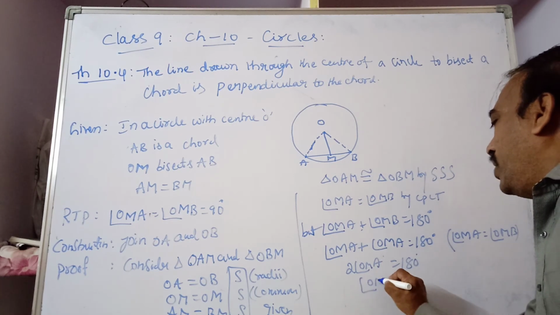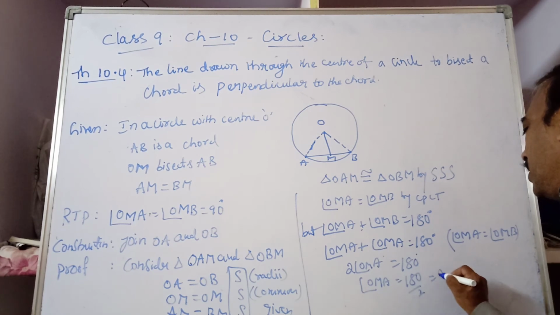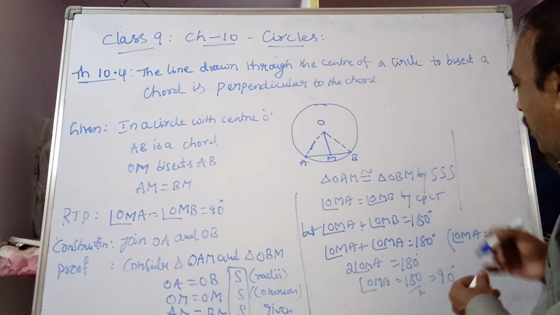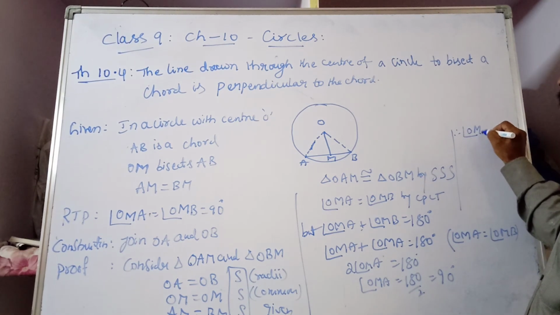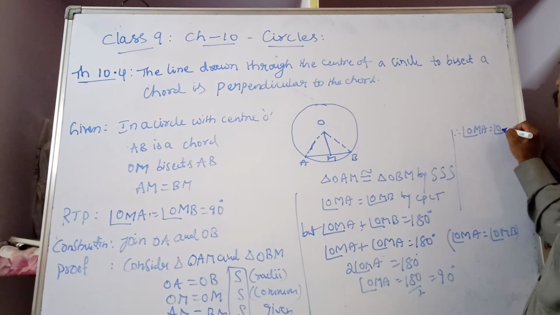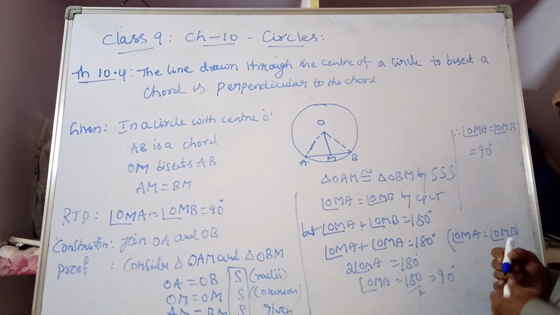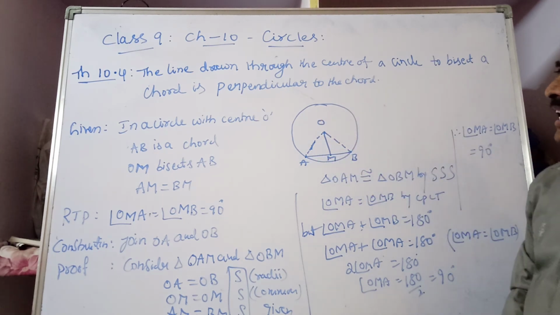Then angle OMA is equal to 180 by 2, which is 90 degrees. Therefore angle OMA is equal to angle OMB is equal to 90 degrees.